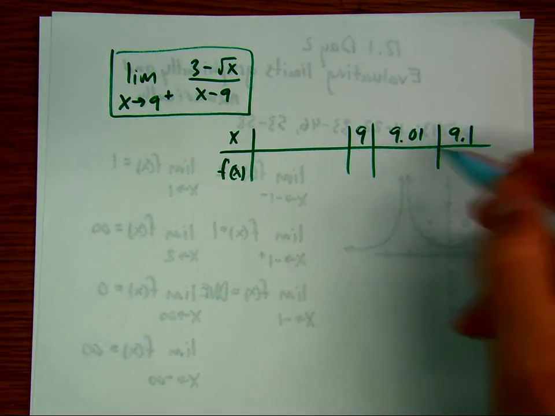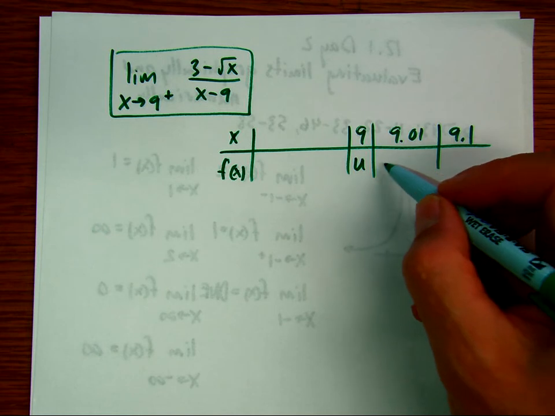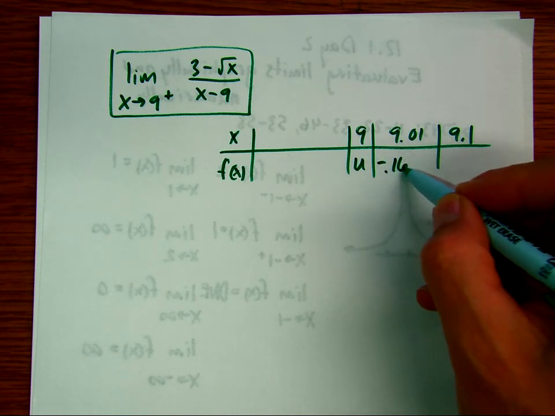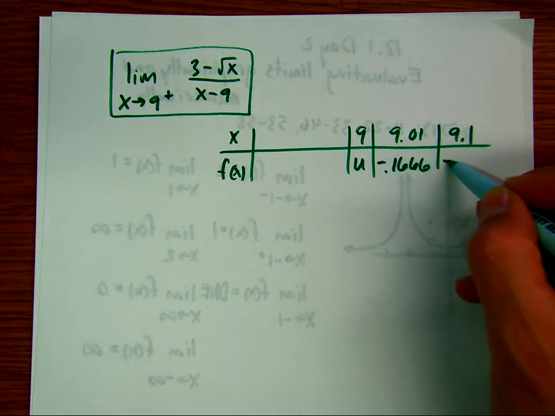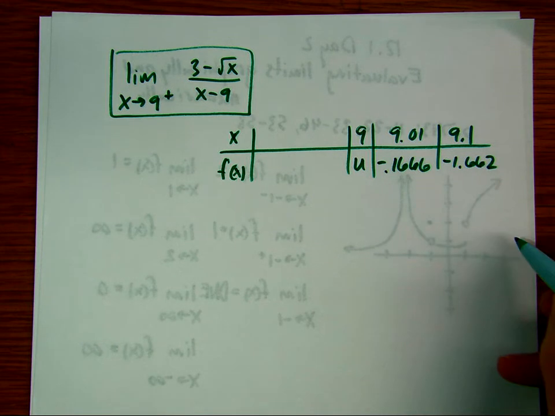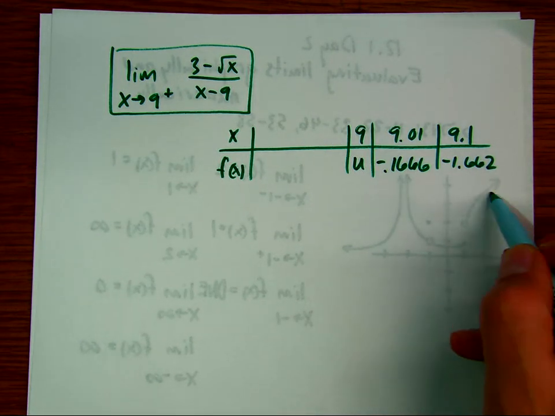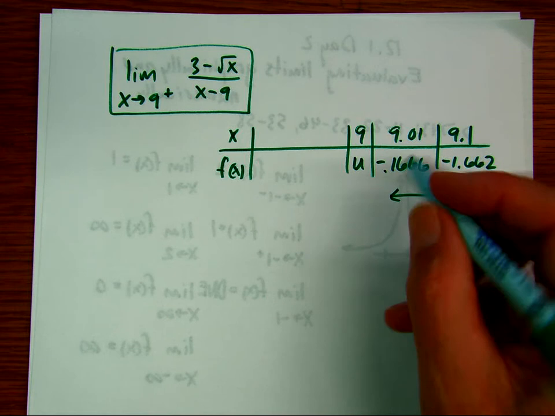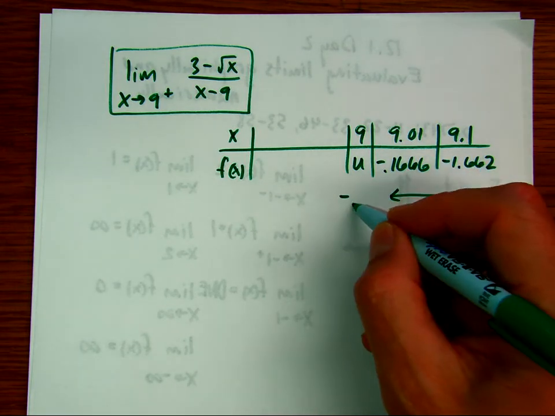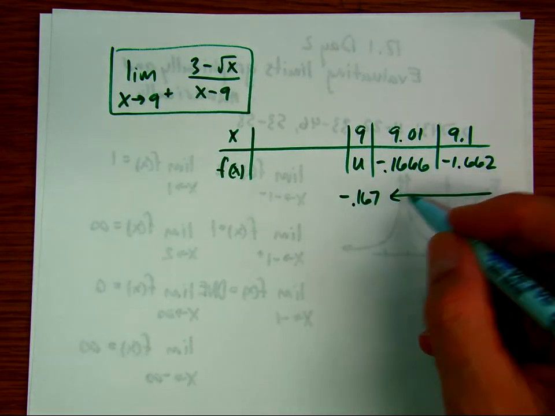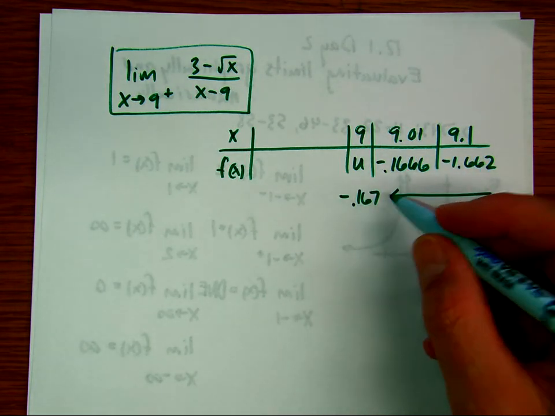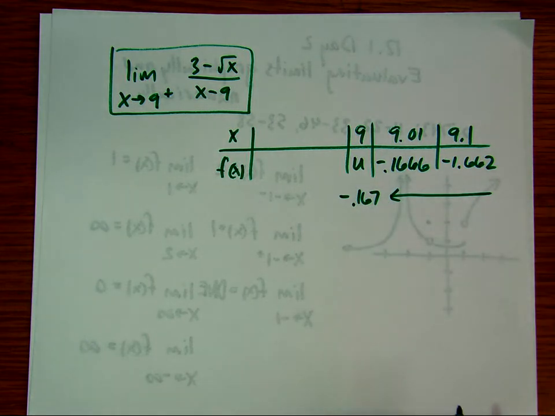And we just use the calculator, that's undefined, and here we have, and we can see that it's approaching -1.67 approximately. So we'd say the limit is -1.67.